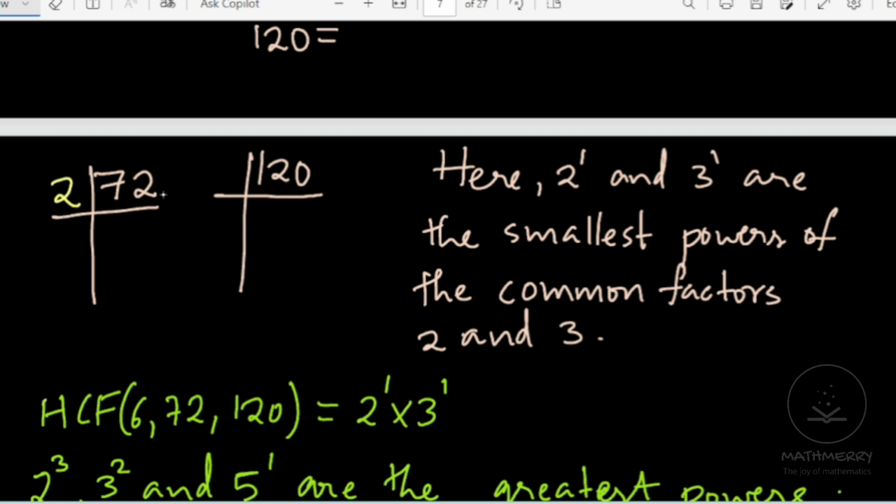72 divided by 2, it's an even number, so we can use 2. 72 divided by 2 is 36.